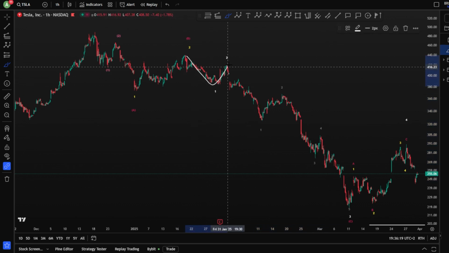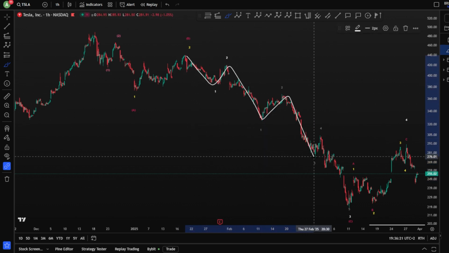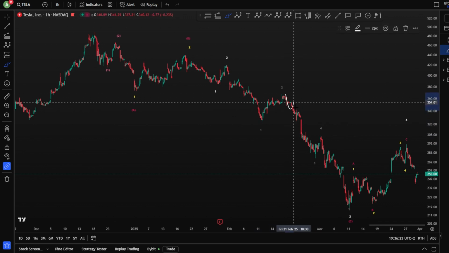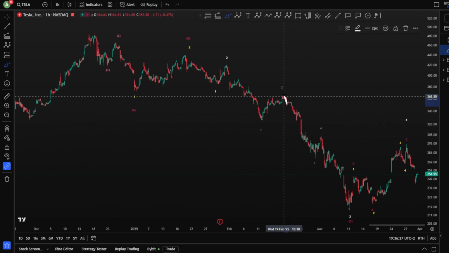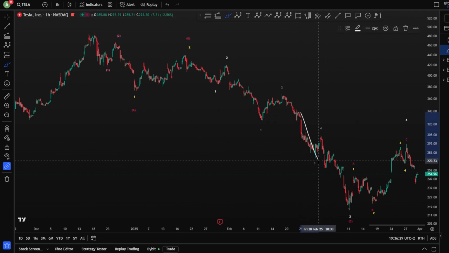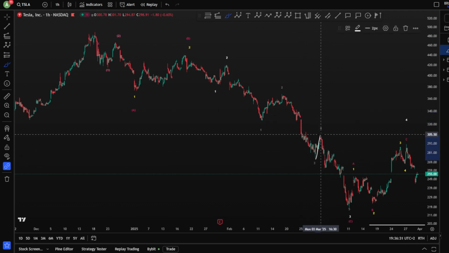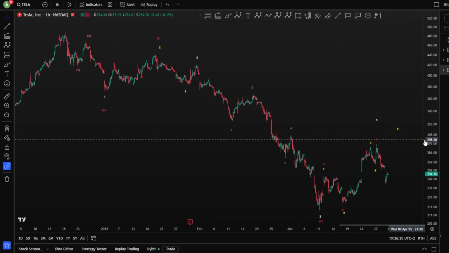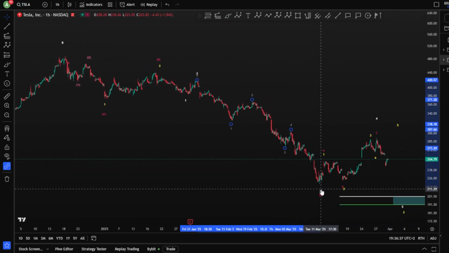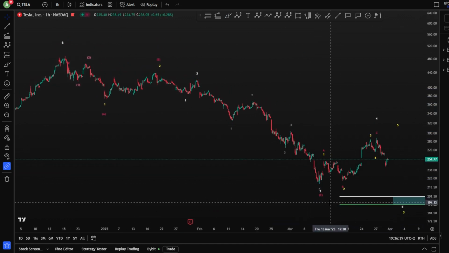Your wave 3 is a double 1, 2 as well. You have your wave 3 here as an impulse 1, 2, 3, 4, 5. Obviously, your wave 3 is not the shortest, and you have an extended wave 5. Then wave 4 and 1, 2, 3, 4, and a 5. Again, finishing this wave 3 in the white scenario here.